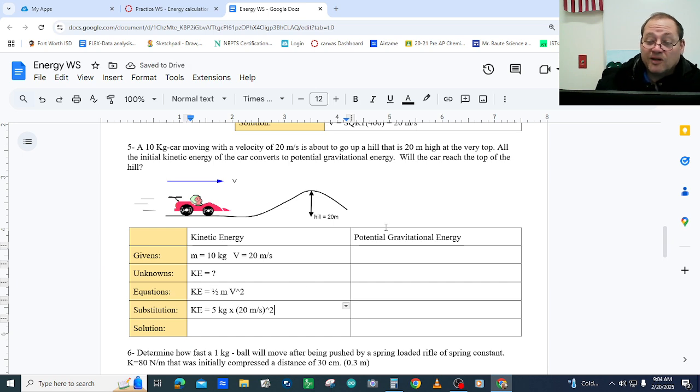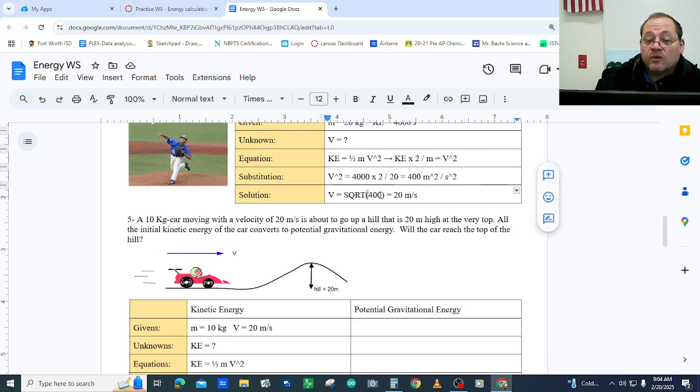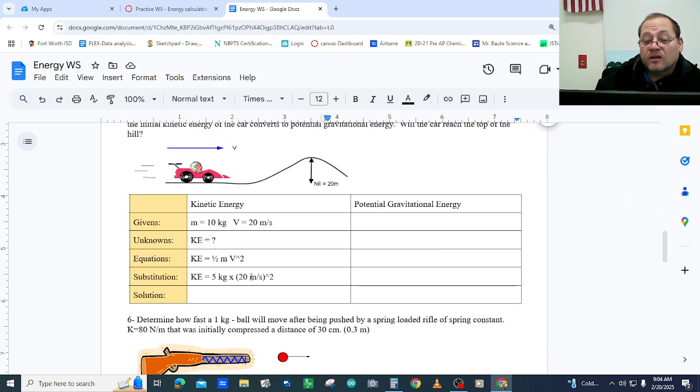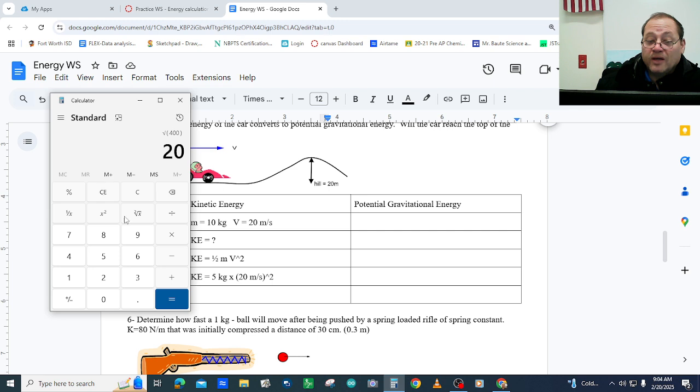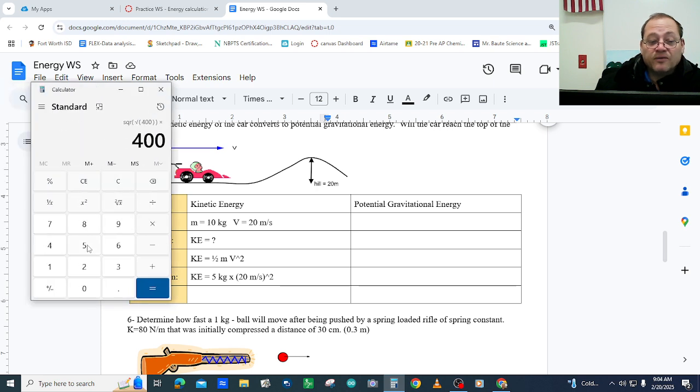If you look at what we did in the previous exercise, you can see that the square root of 400 is 20, which means that 20 squared is equal to 400. You don't even need to use a calculator to get the square of 20, but if you want to do it, 20 squared, 400. All right. And that number times 5 will give me the kinetic energy, which is 2,000.